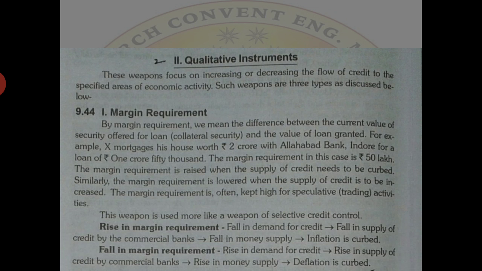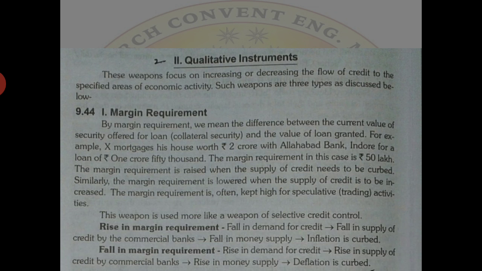So the margin requirement means it has a difference with the current value of security offered. When the margin requirement is raised, the supply of credit needs to be curbed. And when margin requirement is lowered, it means the supply of credit is to be increased.